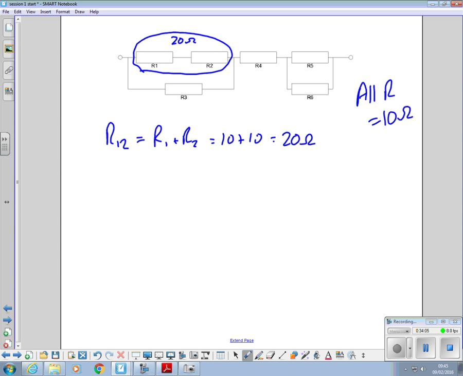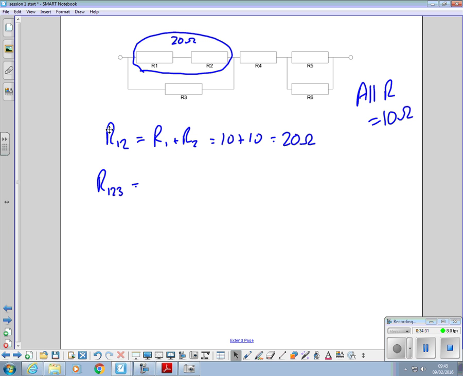Where to next? The result from R1 and R2, with R3. Parallel that up with R3. So we'll be finding the resistance of R123. We're now going to find the resistance of all of that bit.